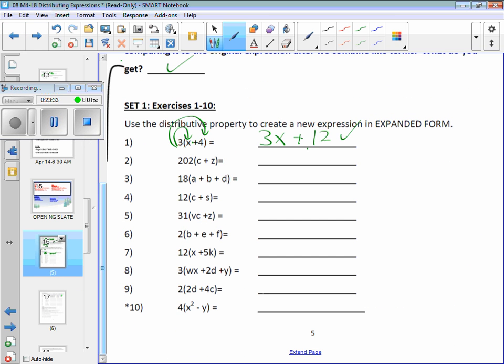Okay, what about number 2? Kyan, give it to me. What's the set? How many copies are there? I don't feel like making 202 copies of C plus Z, so what's the shortcut? Okay, what's 202 times C?